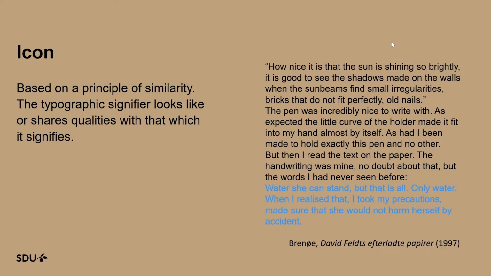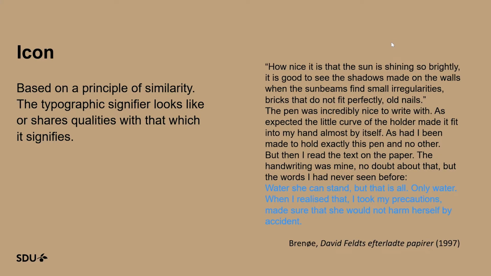Now, this lack of cohesion is quite unsettling in itself. But the horror of the narrative grows when the blue narrative that comes out of the pen gradually turns into the story about a man who keeps the woman he loves prisoner in her flat and starves her to death.